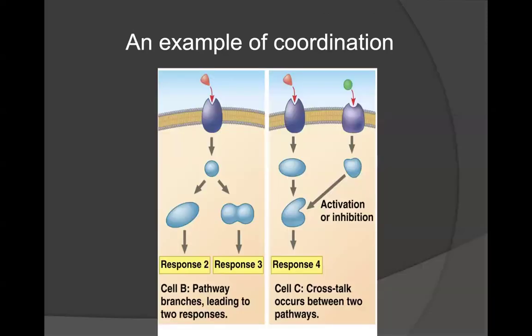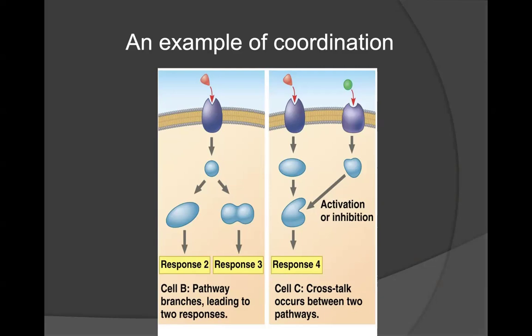This slide depicts an example of cellular coordination between pathways. If we take a look at the first part of this diagram, we have cell B, where the binding of one signal molecule will activate a relay molecule that will then activate two different pathways in the cell to cause two different cellular responses.